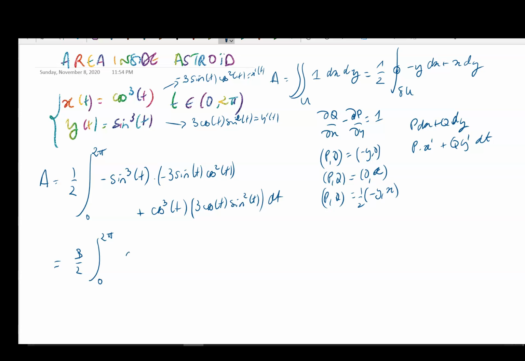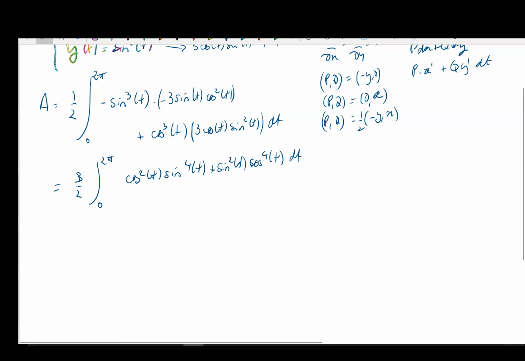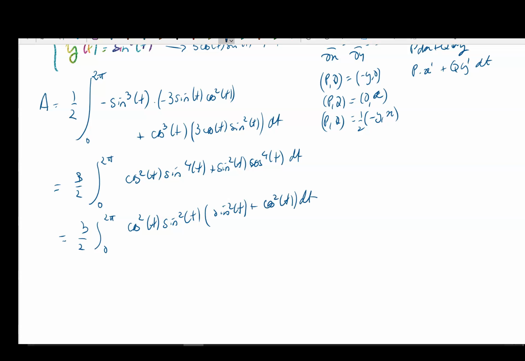I've got cos square of t sine power 4 of t plus sine square of t times cos power 4 of t dt. We can factor out cos square sine square, and we have sine square of t for the first term plus cos square of t for the second term, which makes 1 from the Pythagorean theorem. And so this is what I've got: cos square of t sine square of t dt.